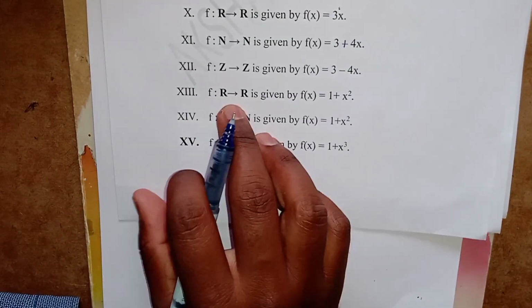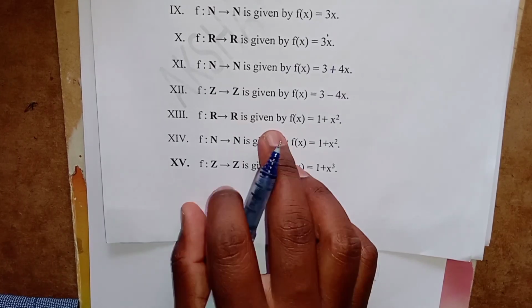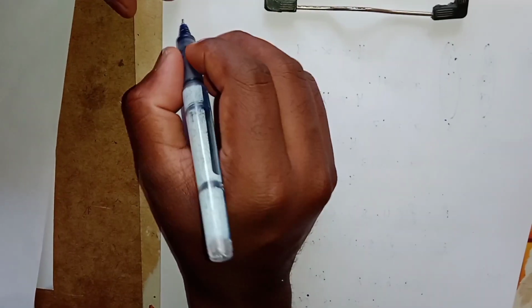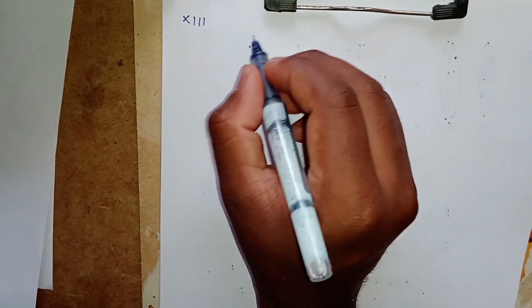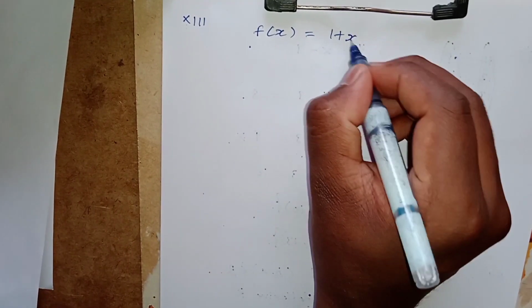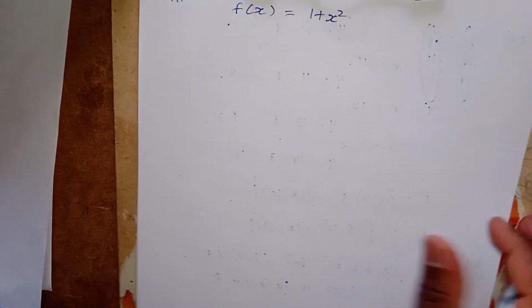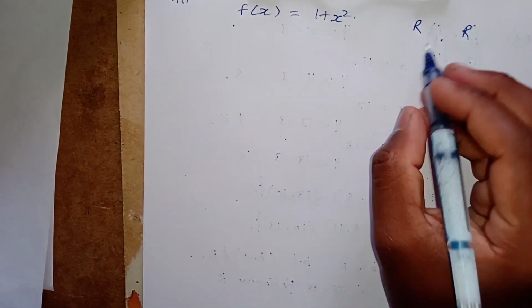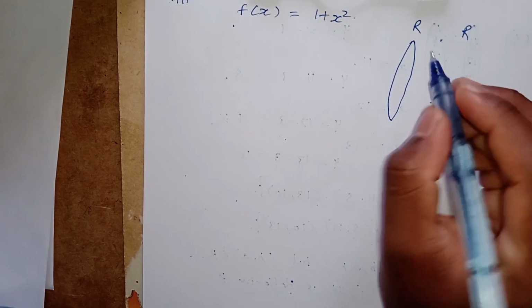Next, subdivision 13: function from real numbers to real numbers is given by f of x equal to 1 plus x square. Real numbers start from minus infinity.